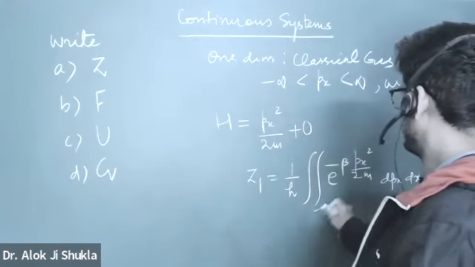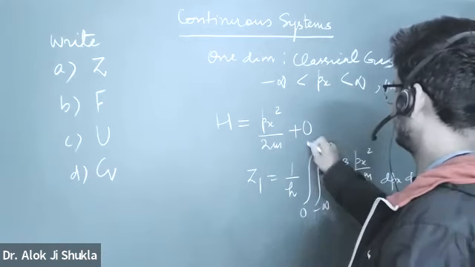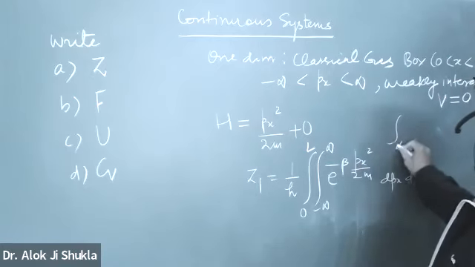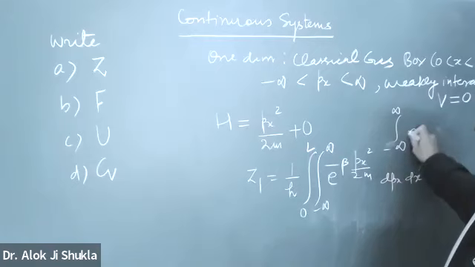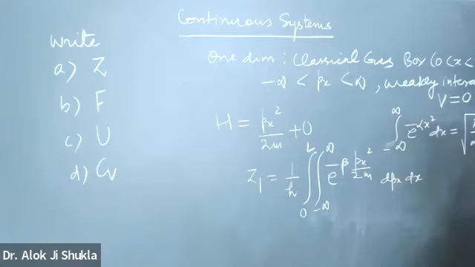For momentum, it is minus infinity to plus infinity, and for x, it is 0 to L. Look carefully. So you should remember this integration minus infinity to plus infinity e to the power minus alpha x square dx is equal to under root of pi by alpha.